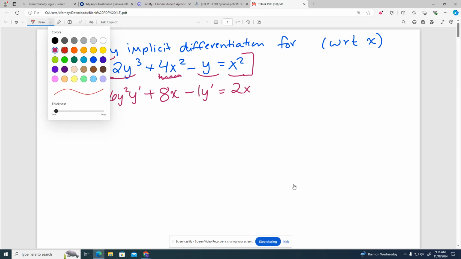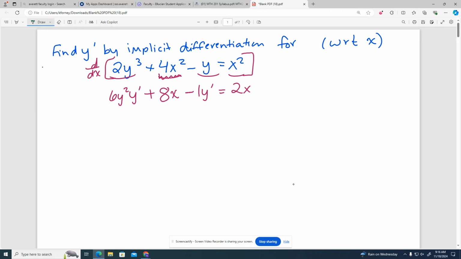So now we want to get y prime by itself. Anything that's not a y prime, we're going to get on one side. And we know 2x minus 8x is negative 6x.